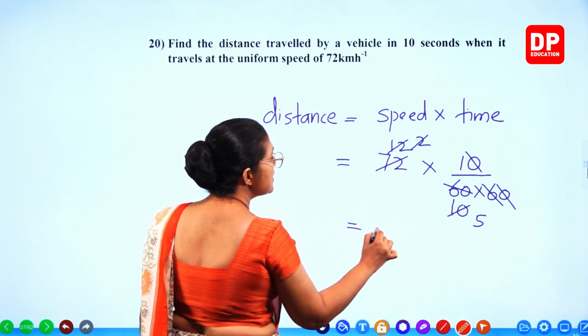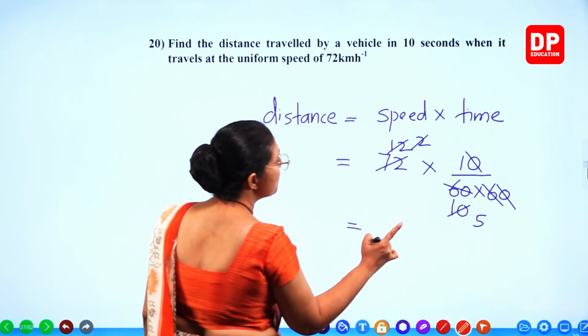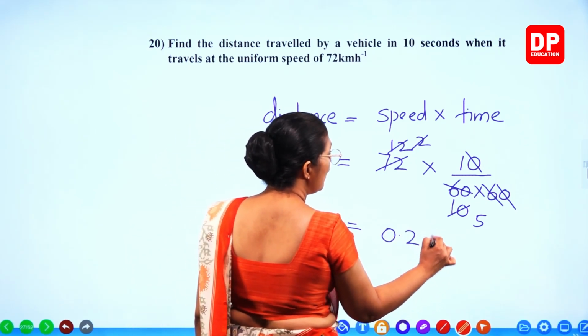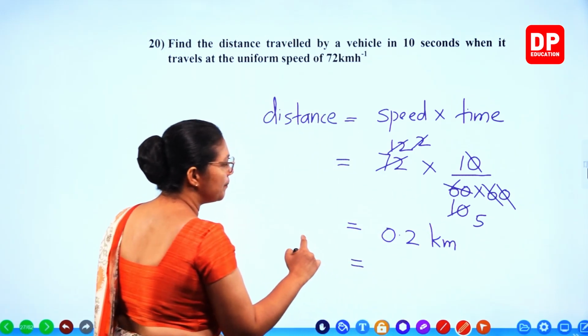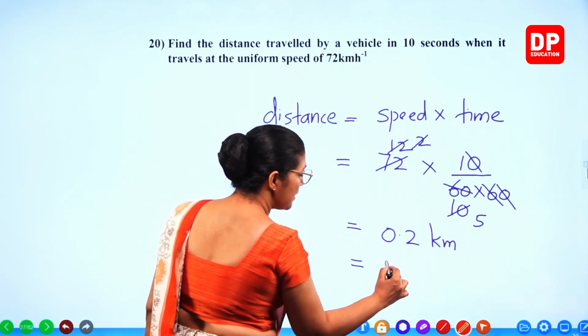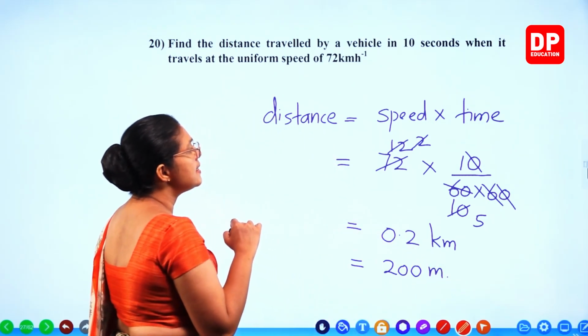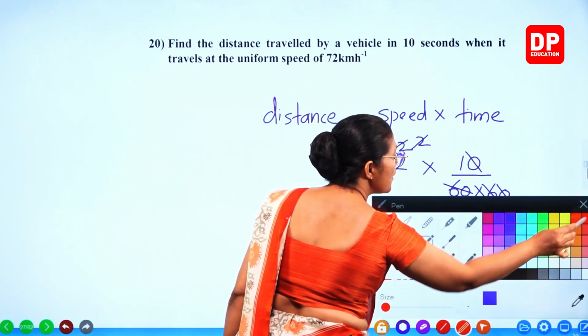So that means this is 1 over 5. 1 over 5 means 0.2 kilometers. So multiply by 1000 to get meters. So 200 meters is the distance traveled. So you get 2 marks for that.